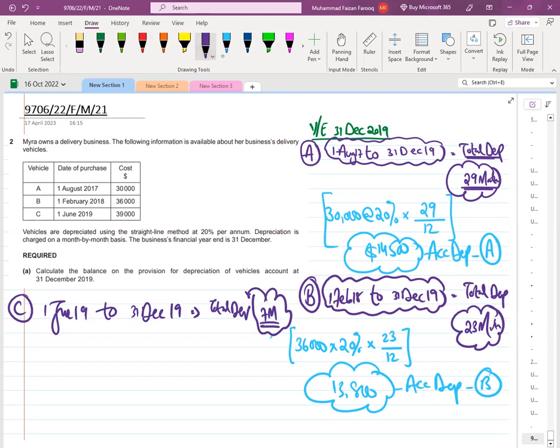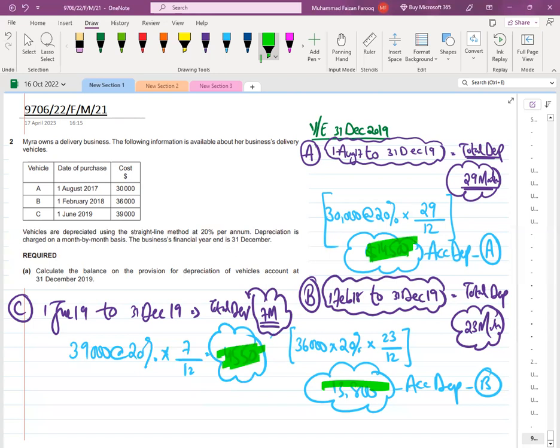How to do that? 39,000, 20% for 1 year, for 12 months, and we have here only 7 months. So the accumulated depreciation is 4,550. We got the accumulated depreciation for this, and that.